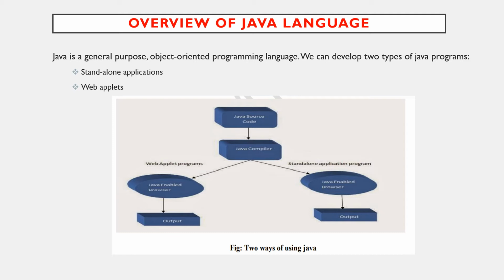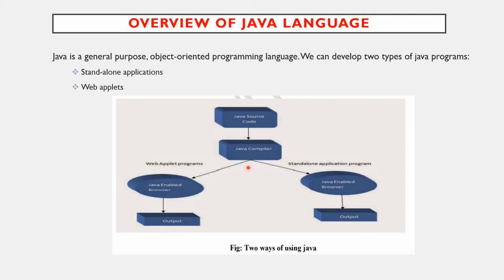This diagram shows the two ways of using Java. First, this is the source code. It has both the standalone application programs and the web applets. Then we go to the Java compiler, which is used for translating Java source code into bytecode format.